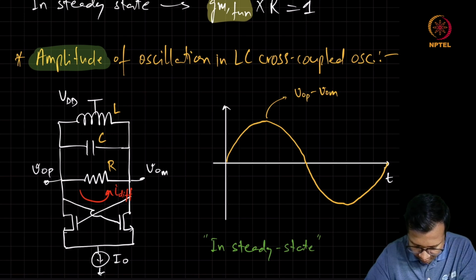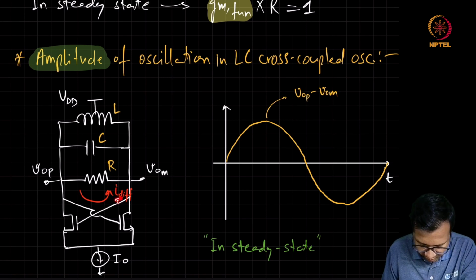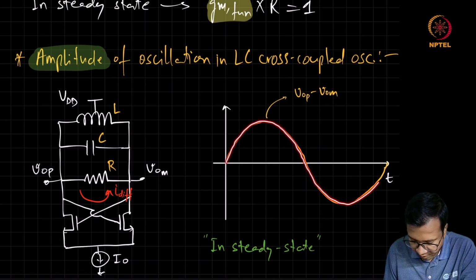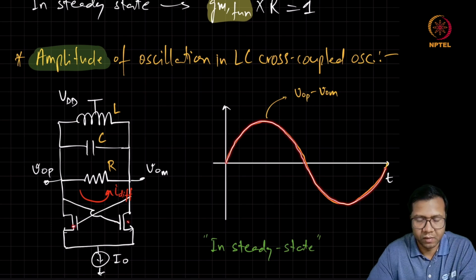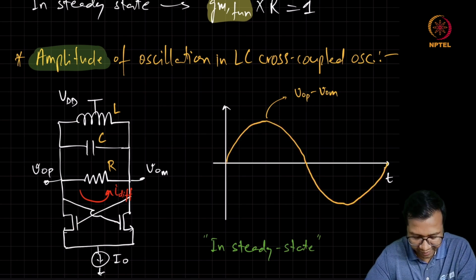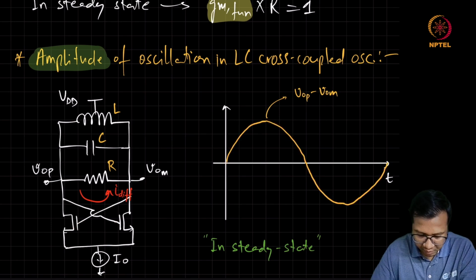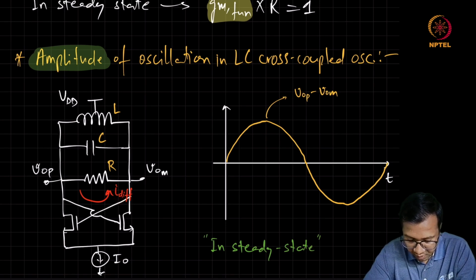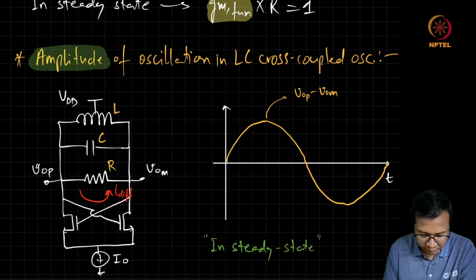Now if we look at this differential current, we can see that these swings are going to be large signal for these MOSFETs, so their gm is not going to be constant. At the same time, this current will also not be sinusoidal.